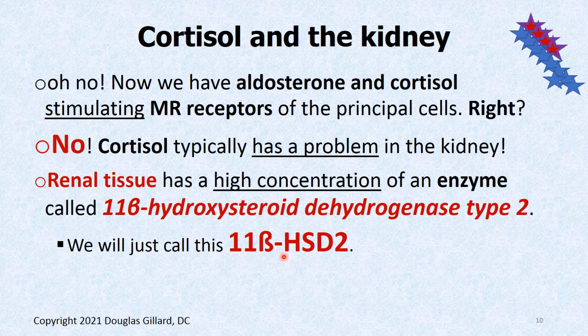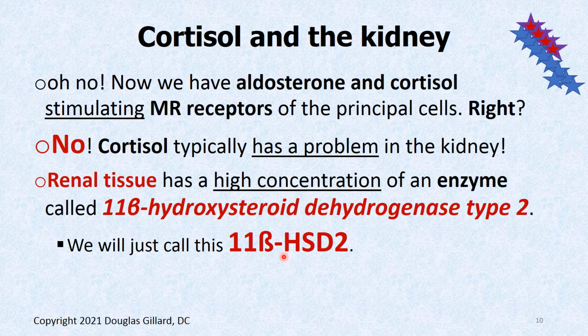Well, that would be true, but there's an enzyme that stops this, super heavily produced in the kidney, called 11beta-hydroxysteroid dehydrogenase type 2. 11beta-HSD2 is how we'll call it for testing purposes.